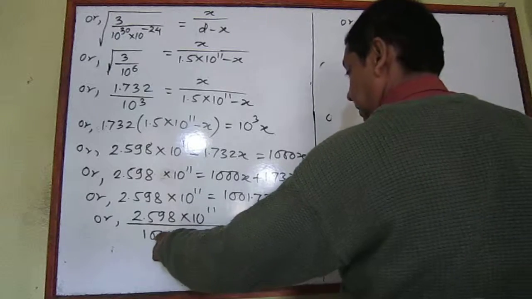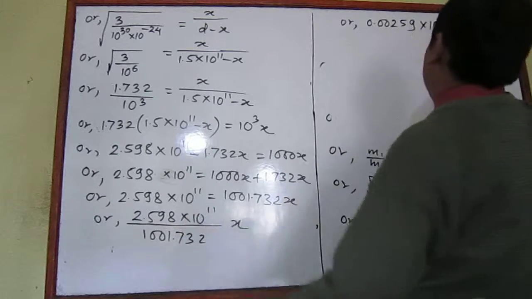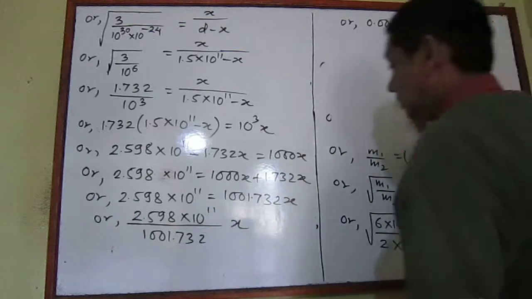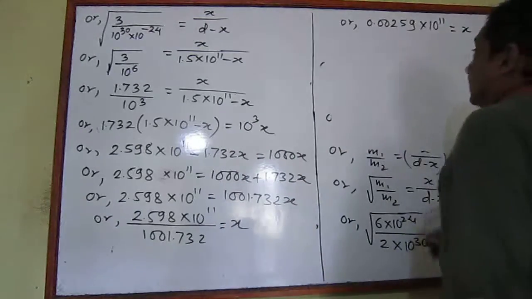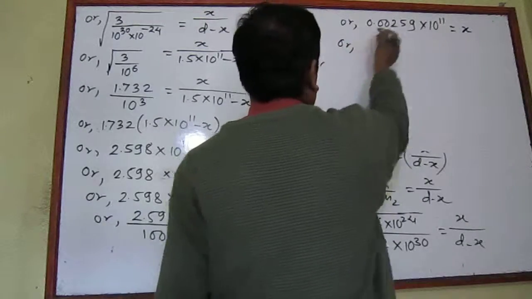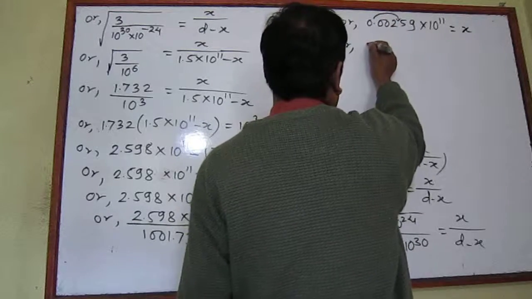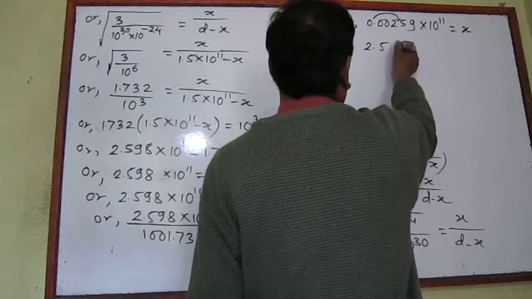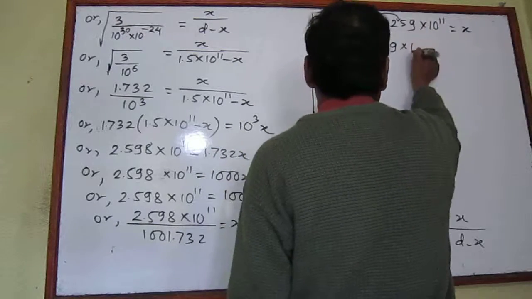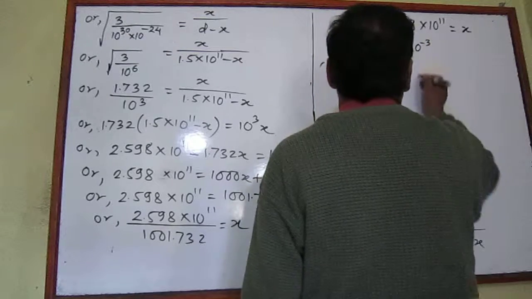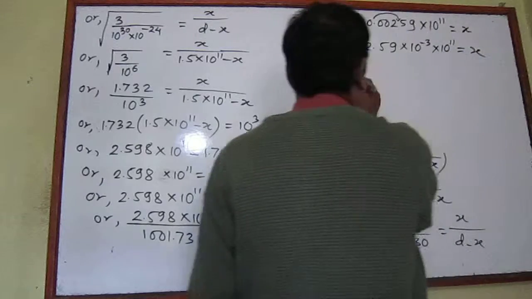0.00259 into 10 to the power 11 is equal to x. If the point is moved 3 digits to the right, then we can write 2.59 into 10 to the power minus 3 into 10 to the power 11 equal to x.